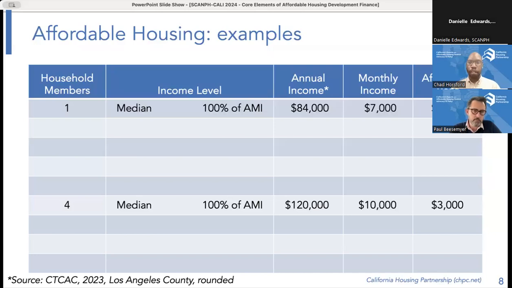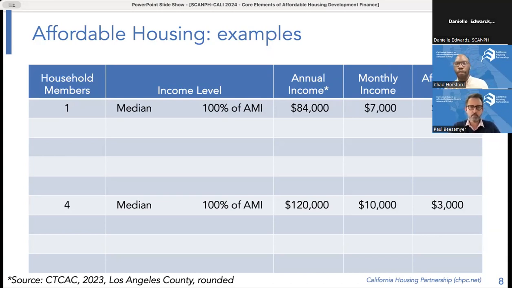So in this example, looking at a household of one with a median income of $84,000 for the year, if we take our affordable rent definition from the previous slide, if this household pays no more than 30% of their income toward rent, that means they can support paying up to $2,100 a month in rent.